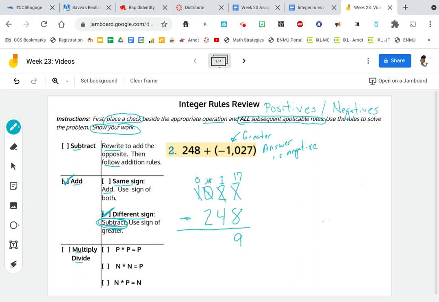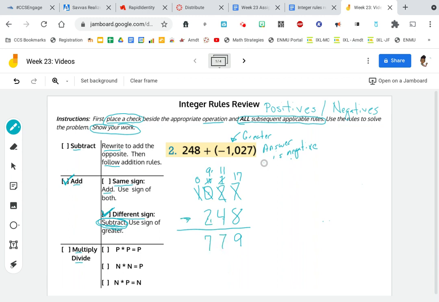This 10 becomes a 9, and this 1 becomes an 11. 11 minus 4 is 7. 9 minus 2 is 7. And then 0 minus nothing is 0.